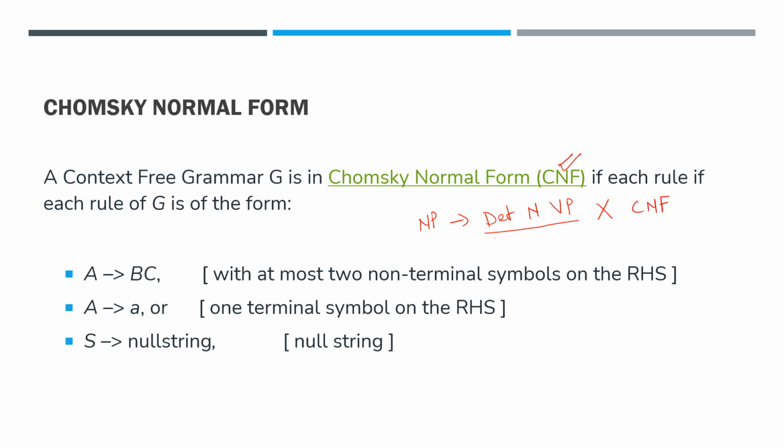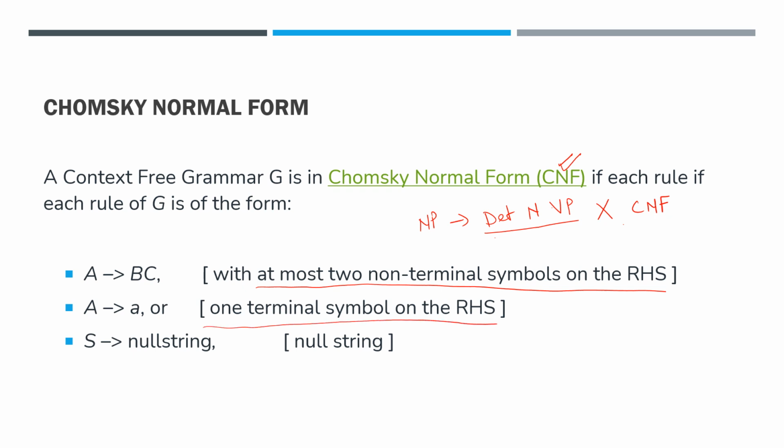So if such kind of things are there, then we need to convert it in the form where we write all my rules having two non-terminals in the right hand side. At most, there should be two non-terminal symbols in the right hand side, and there should be one single terminal in the right hand side.